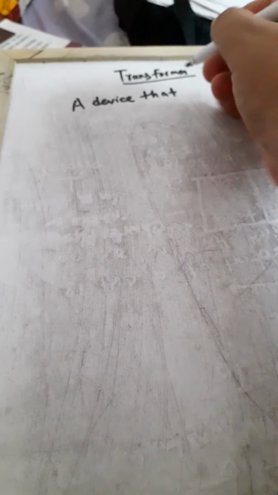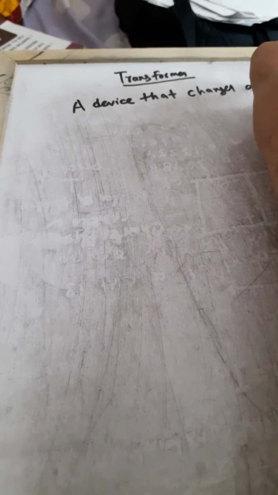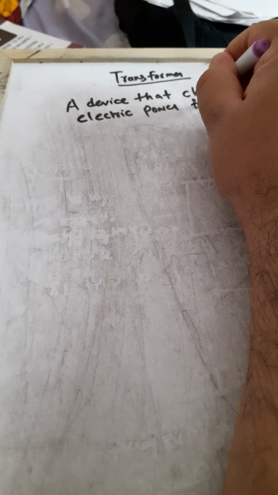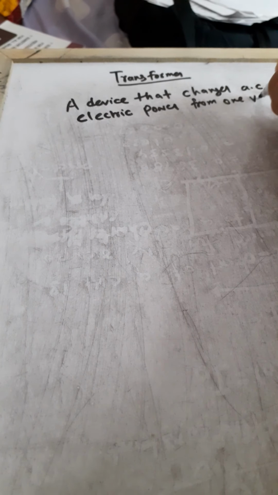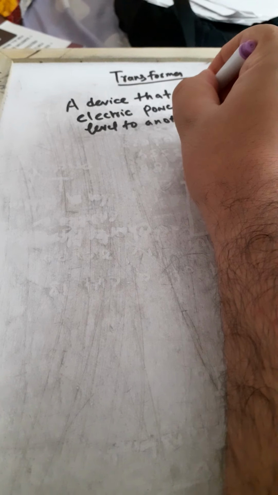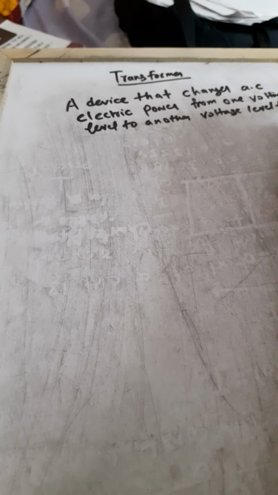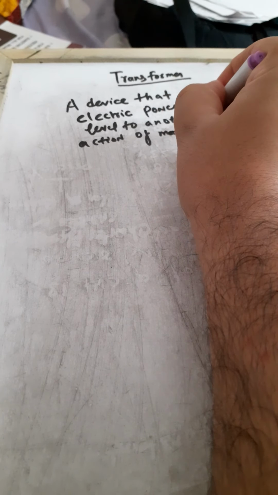So if we have to define a transformer, we can write: a transformer is a device that changes AC electrical power from one level to another level, basically from one voltage level to another voltage level through the action of a magnetic field.